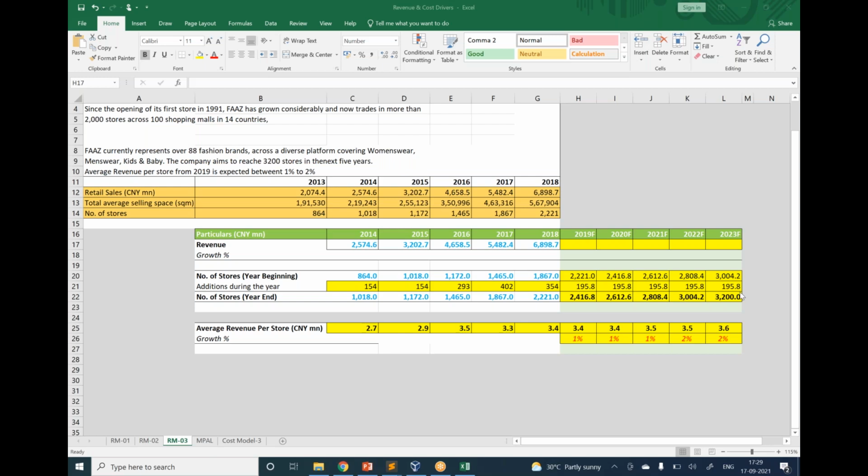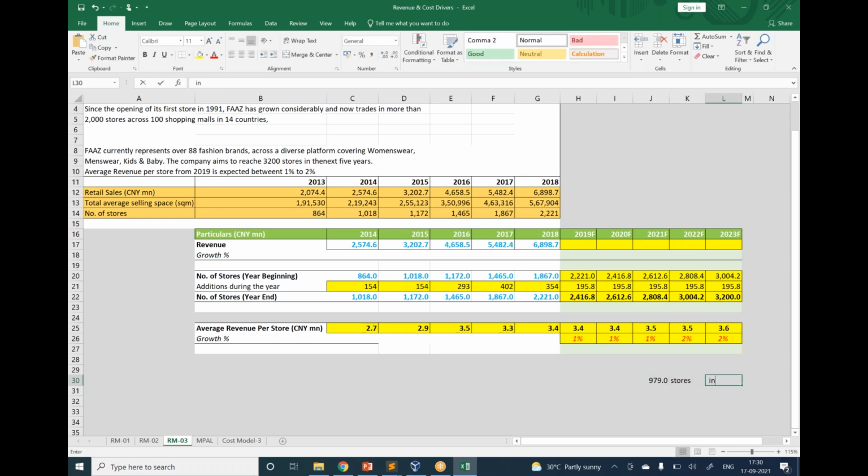Yeah, she's right. There's no other way. This is a method. Because by end of 2018, that company had 2,221 stores. But it's expecting at the end of the next 5 years to have 3,200. So how many stores is it yet to make? 3,200 minus 2,221, it has to make 979 stores.